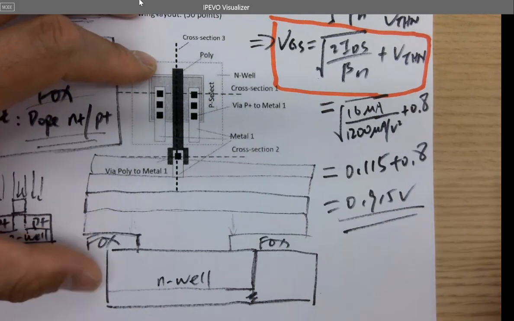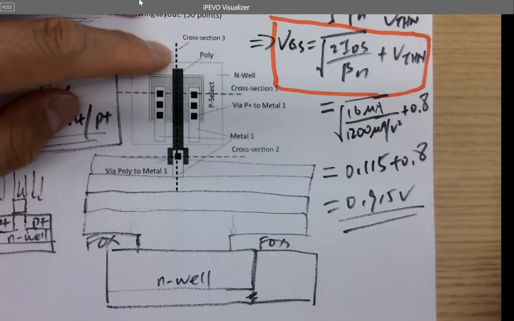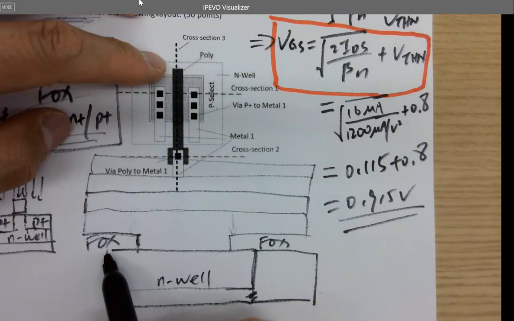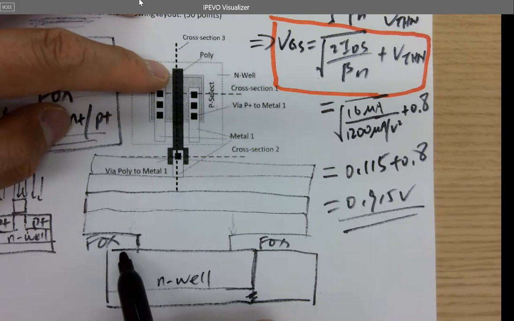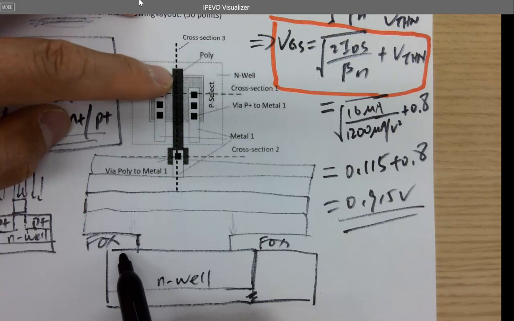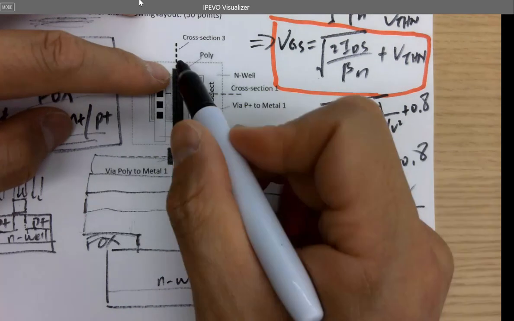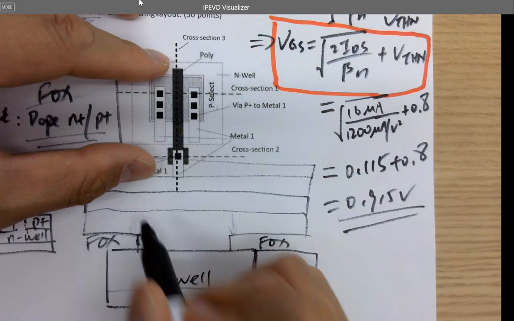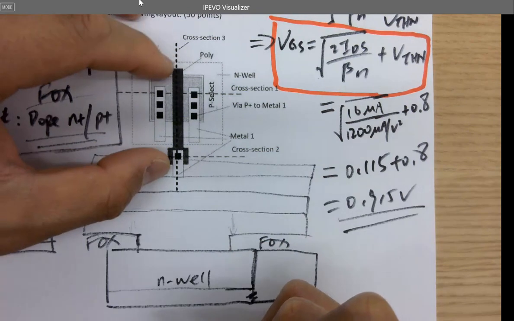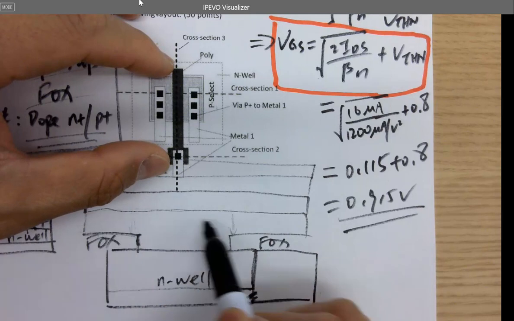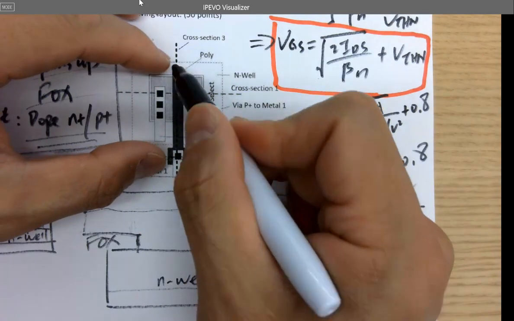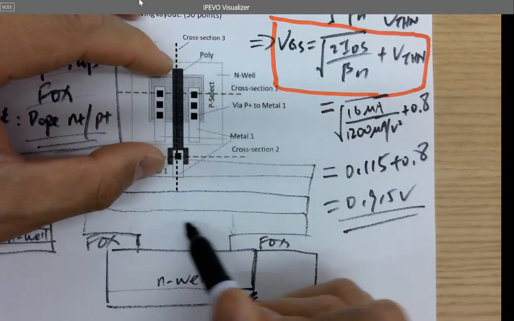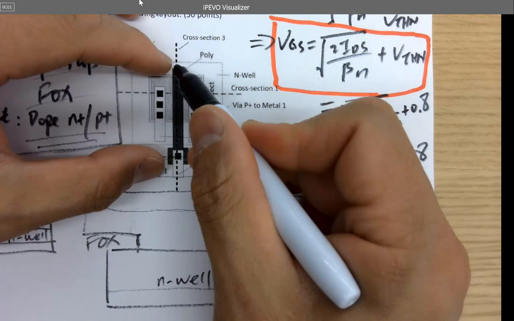So starting from here, you got N well, and then nothing, because the only thing you have is pretty much just the poly, because this is a poly layer. So you start having something in this layer. So you do have it. It's a pretty long stick.